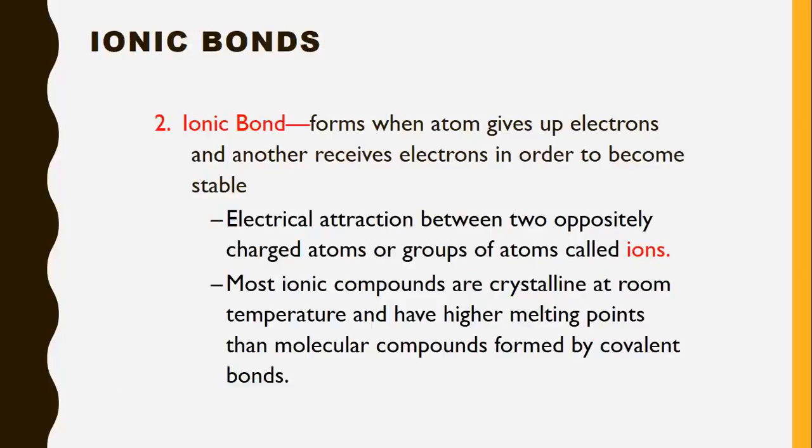Our second type of bonding is called ionic bonding. This is when the electrons are being pulled so much that the atom just gives them away. It's like you want it so much that you could just have it. This creates a charge on an element, and any element with a charge is called an ion.